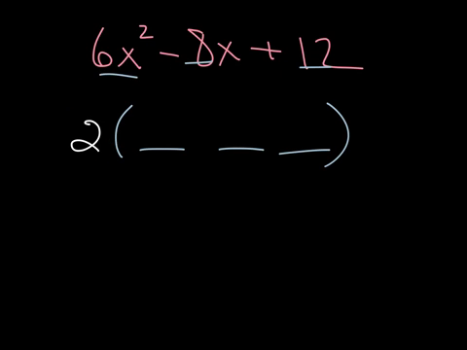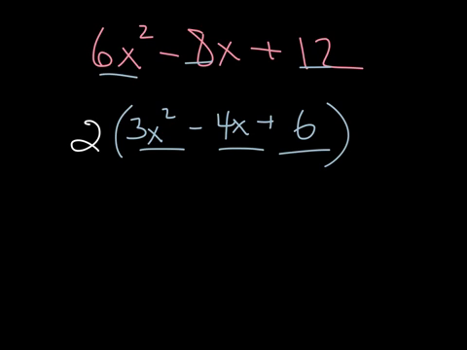All the coefficients are divisible by 2. So 2 times what is 6x squared? 2 times 3x squared. 2 times what is negative 8x? Negative 4x. And 2 times what is 12? 2 times 6 is 12.